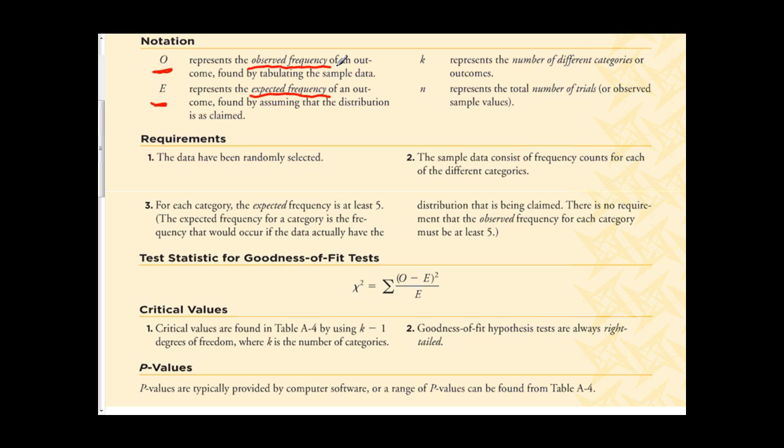So we're going to have O's and E's, observed frequencies and expected frequencies, and we're going to have K of those, because K is going to be the number of classes in our frequency distribution, the number of categories. And N is the number of trials, and N is just the sum of all the frequencies. So the sum of all the frequencies is equal to N, and K is the number of classes in our frequency distribution.